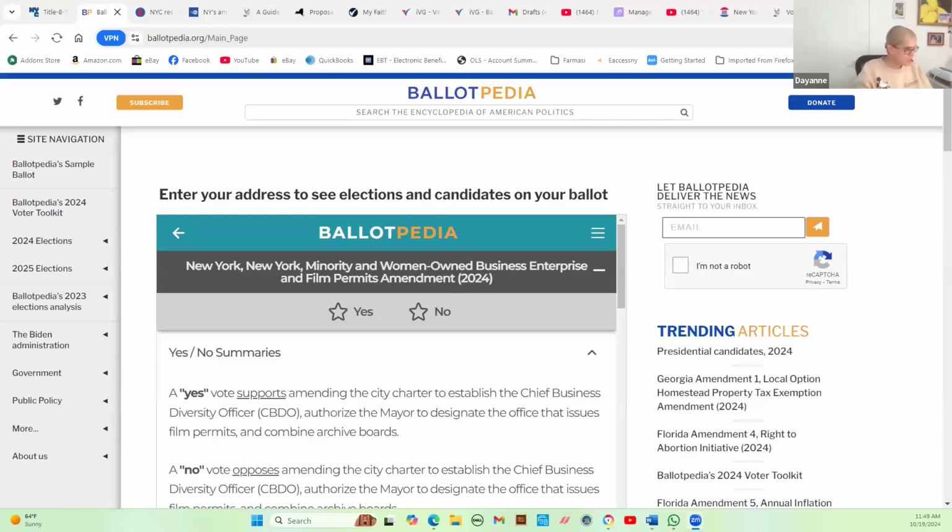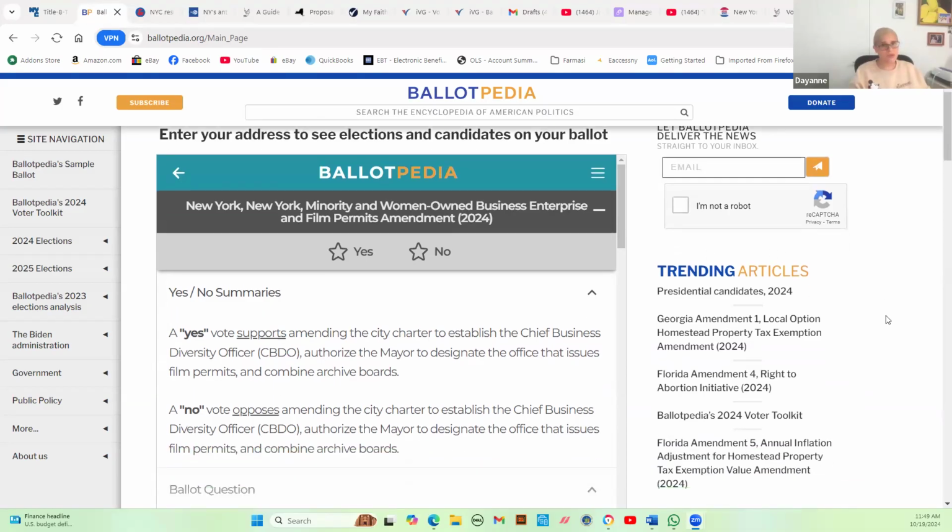All right. So we're now back on this ballot measure. New York Minority and Women-Owned Business Enterprises and Film Permits Amendment 2024. I never thought for the life of me I would see something like this on a ballot. I'm not sure what the purpose is, but it's good. Okay.